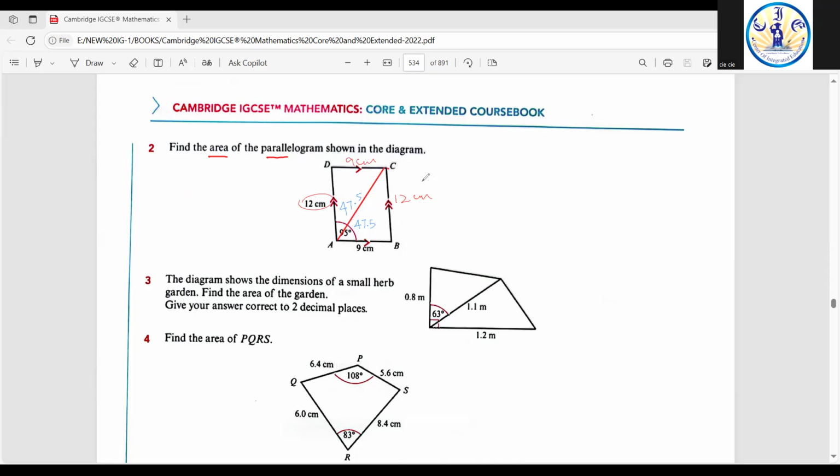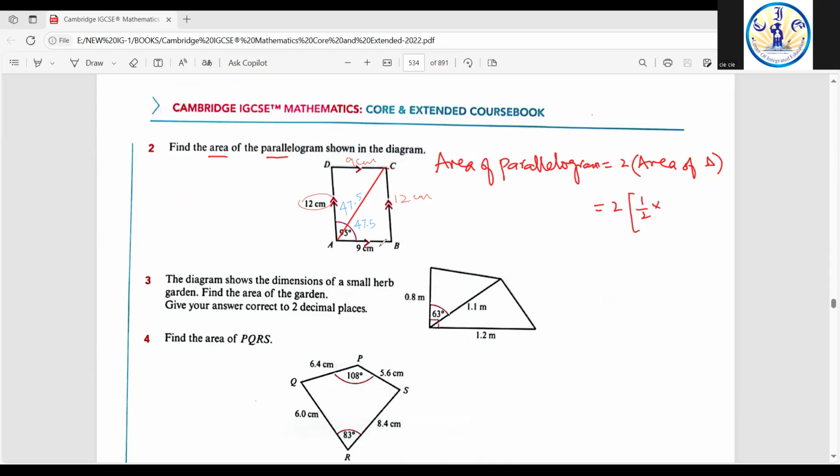So now I'm going to apply the area of the triangle formula. Area of the parallelogram will be equal to area of triangle times 2. 2 times what?